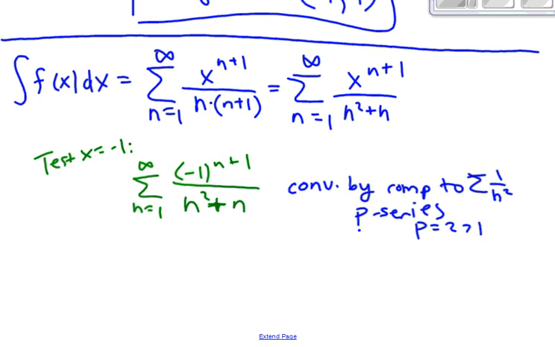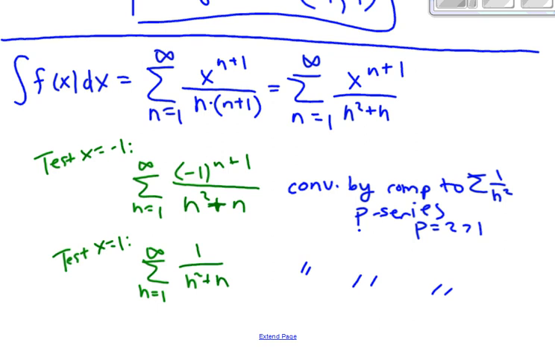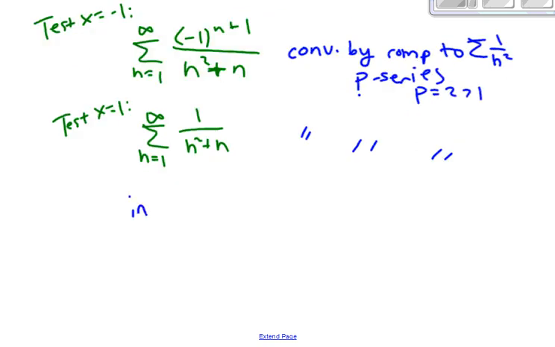So it converges at -1, and then we also want to test x equals 1, and I'm sure you can see where this is headed. 1 to the n plus 1 is just 1, so we have 1 over n squared plus n, pretty much the same thing as what we wrote above. So that also converges. So the interval of convergence for the integral differs in that it picked up both endpoints. It didn't drop any.